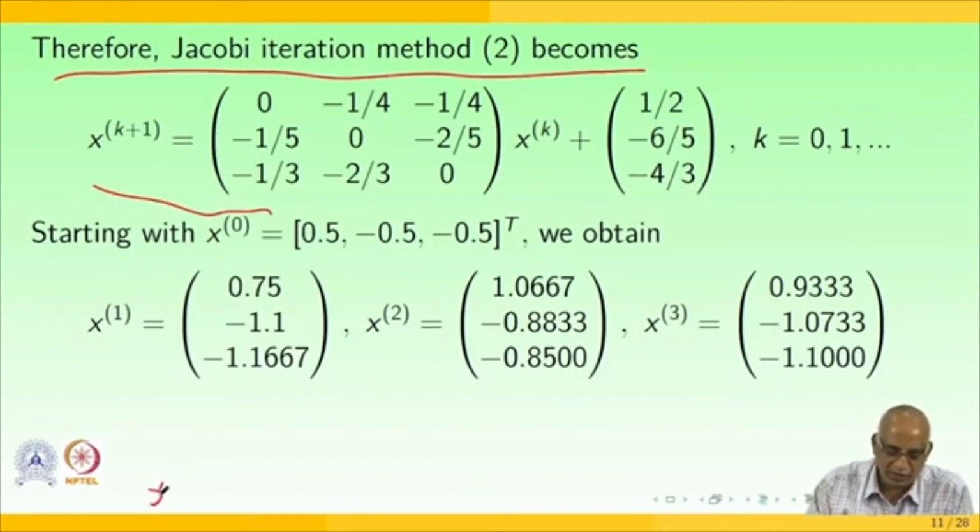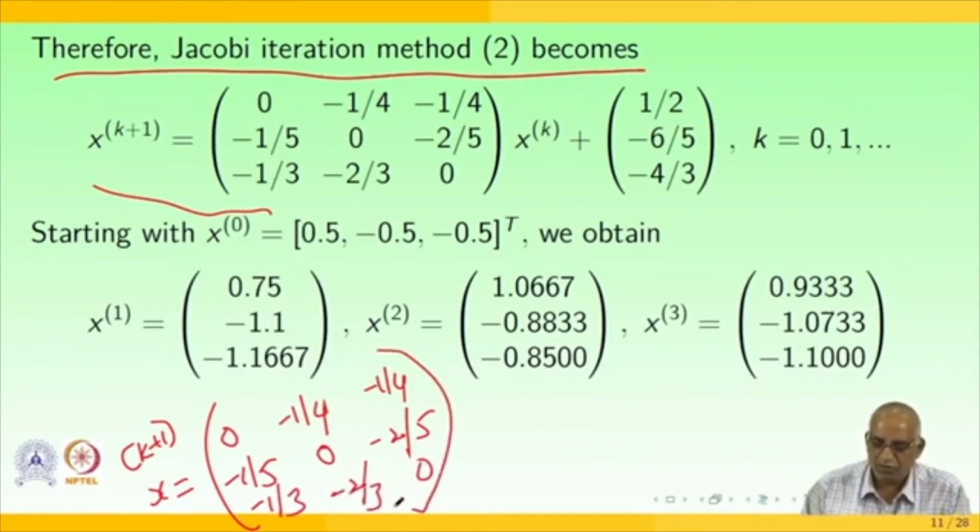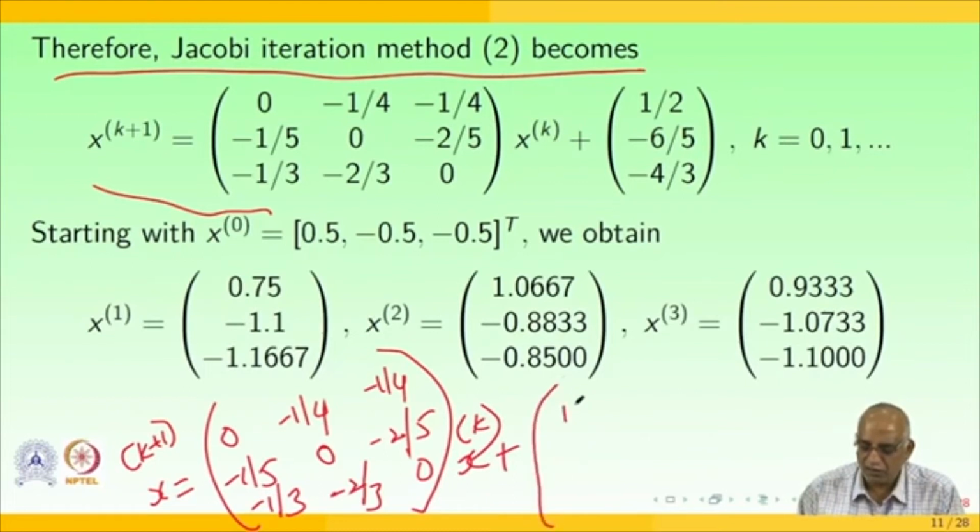That is, x of k plus 1 will be equivalent to 0, minus 1 over 4, minus 1 over 4, minus 1 over 5, 0, minus 2 over 5, minus 1 over 3, minus 2 over 3, 0, multiplied with x of k plus this vector 1 over 2, minus 6 by 5, minus 4 by 3.